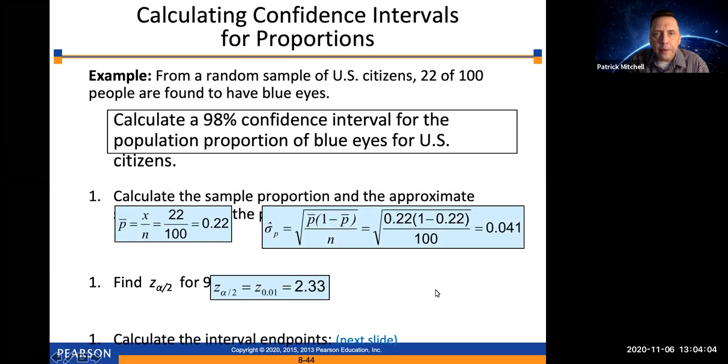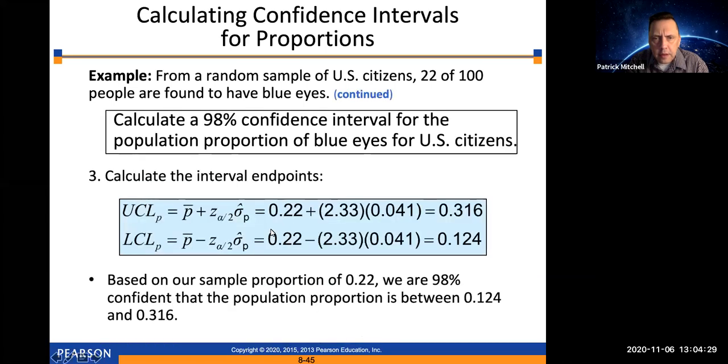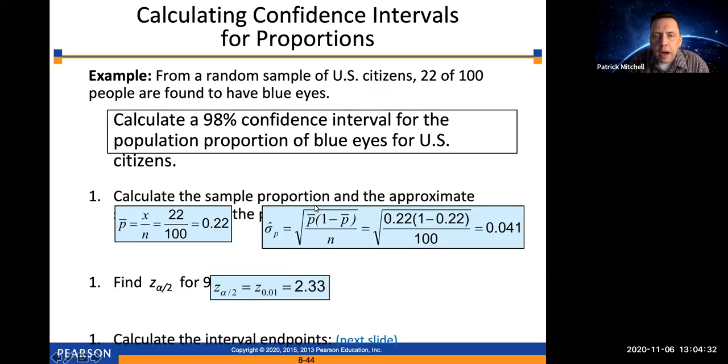So here's an example. From a random sample of US citizens, 22 out of 100 people are found to have blue eyes. Let's calculate a 98% confidence interval for the population proportion of blue eyes for US citizens. First we'll calculate the sample proportion and approximate the standard error of the proportion.